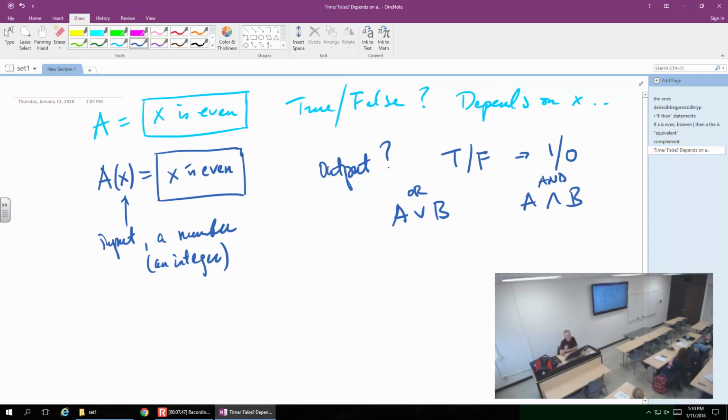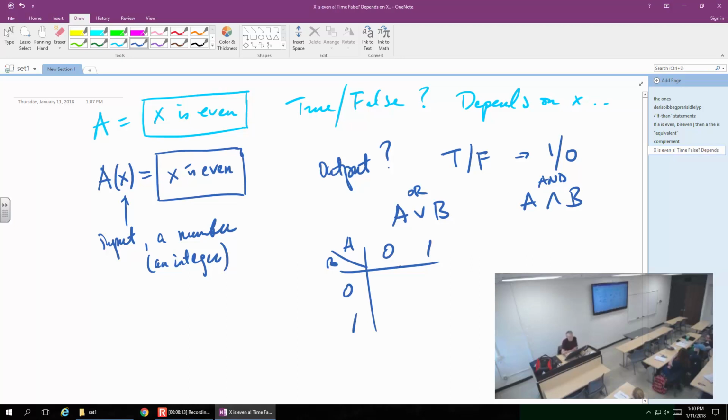But then remember A and B are statements depending on x. These two statements might be true or false. And if we just look at our truth tables for these, I put here A and B. How about instead of true and false, I put 0 and 1. So 0 is false, 1 is true.